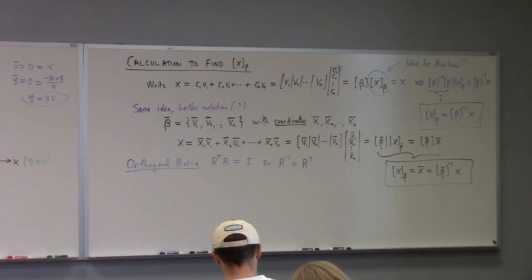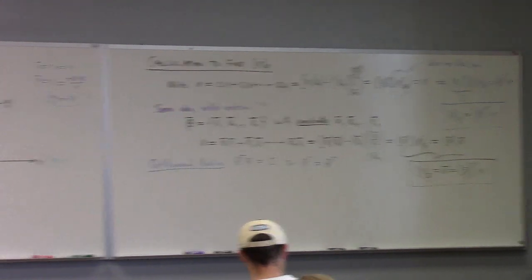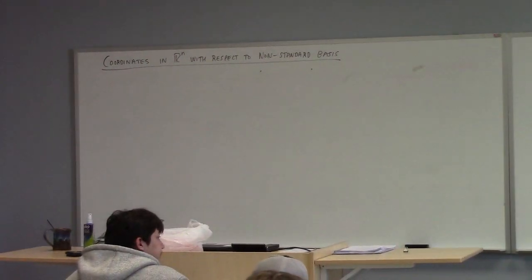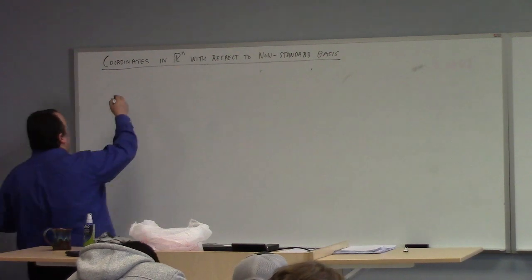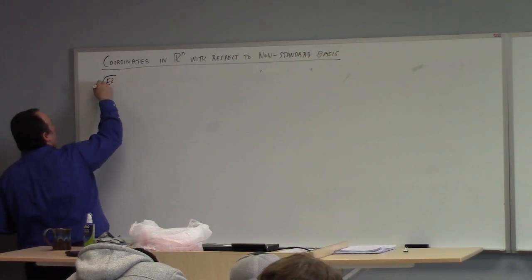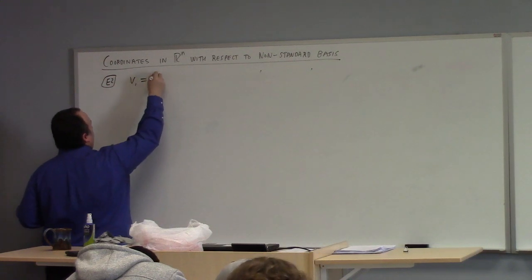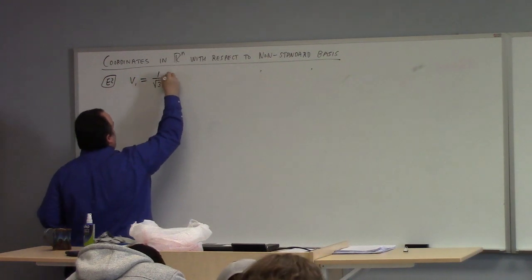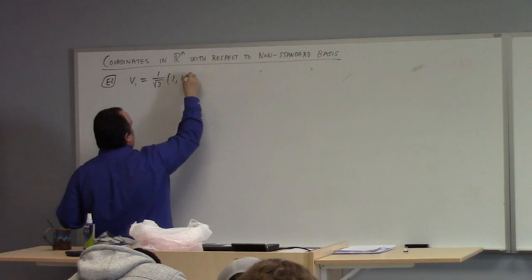Consider R3, and let's look at the vectors. v1 is 1 over the square root of 3 times (1, 1, 1).